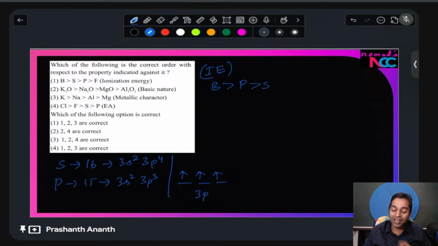Fluorine will definitely be higher than both of these because fluorine is in the second shell. So again, this order is also not completely correct over here. The correct order would be a lot more complicated.